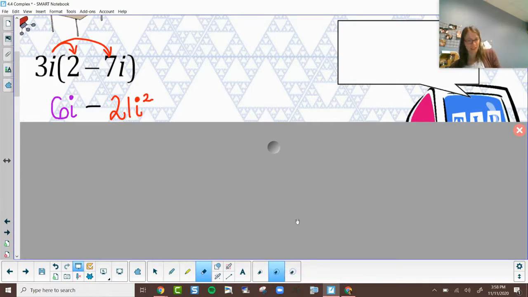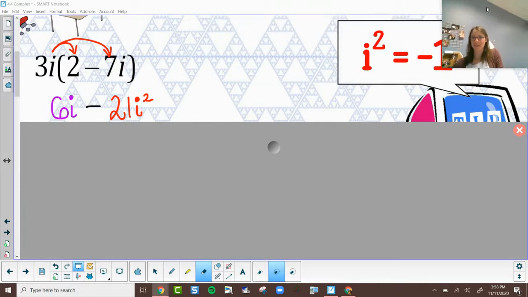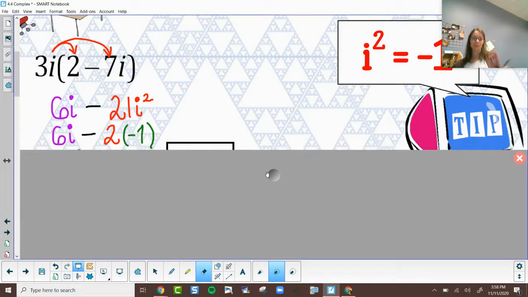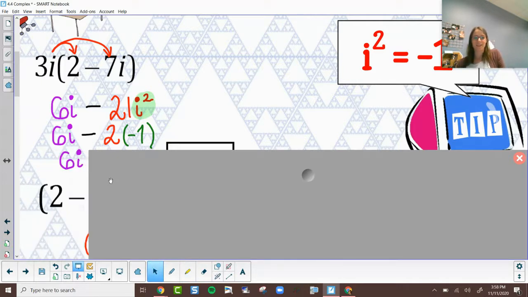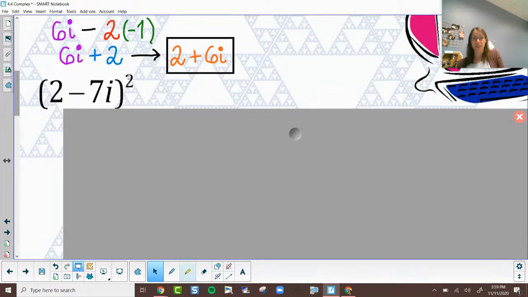Oh, it's another i squared, and I think I'm going to pull our little quick fact up here from the previous page where we have i squared is the same thing as negative 1, so that's always my little tip right here. So I'm going to change that out. So instead of leaving it as i squared, I can keep simplifying. So keep simplifying if you can. And then you'll see I've got 6i and I've got positive 2. And remember, real, then imaginary. So 2 plus 6i.